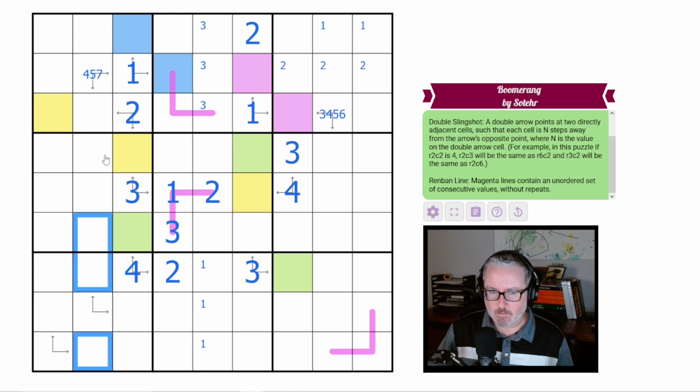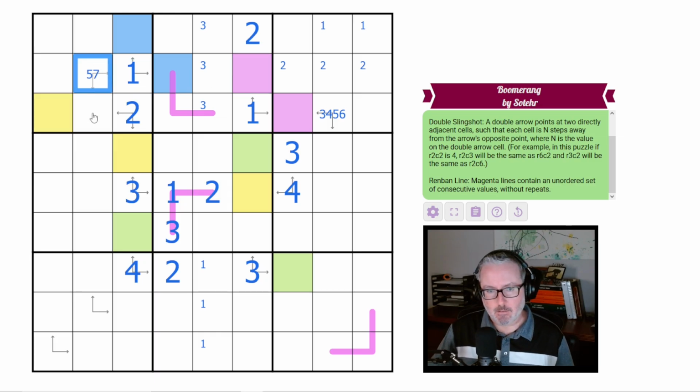Can't quite determine that. And this guy here is going to be 1, 2, 3, 4. So it can't be 4 because this can't be purple. So that gets a reduction. Or it's 5 or 7. Whatever this is. Okay. Now these two are definitely going to be a bit squirrely because we can go all the way up to a 7.